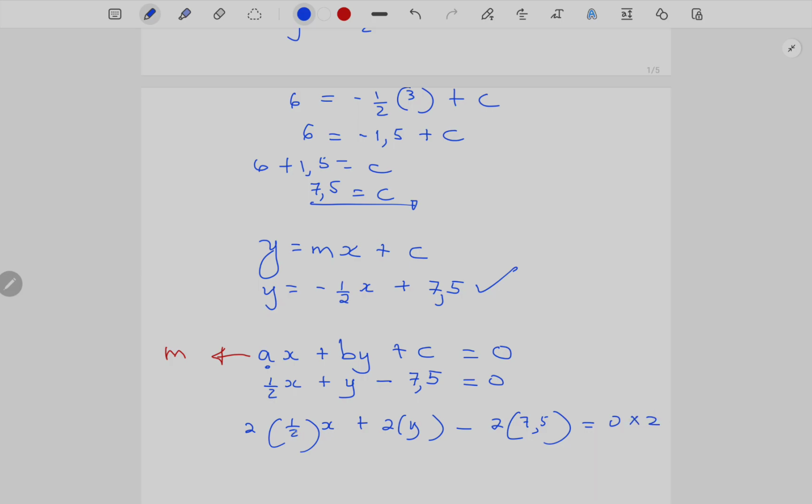The 2 is going to be cancelled by the 2. Then 1 times x is x, plus 2 times y is 2y, minus 2 times 7,5 is 15. What is 0 times 2? It is equal to 0. So this is the general form of this equation: x plus 2y minus 15 equals 0. Thank you.